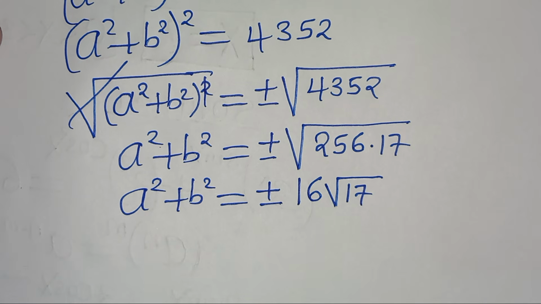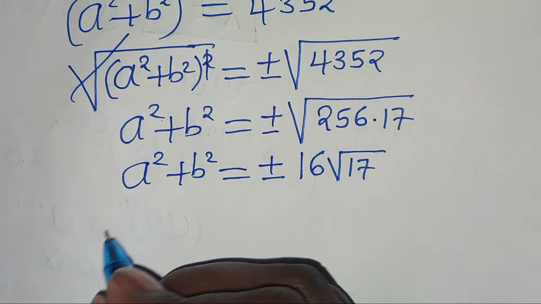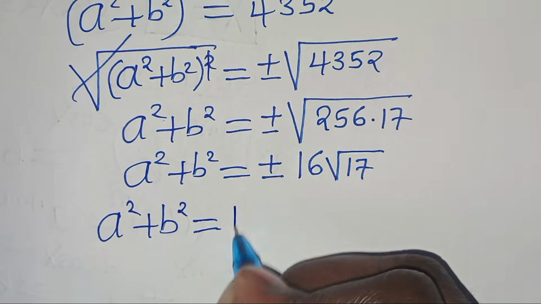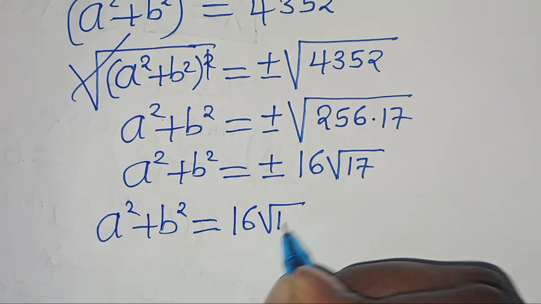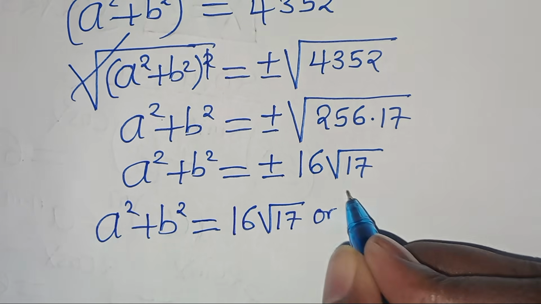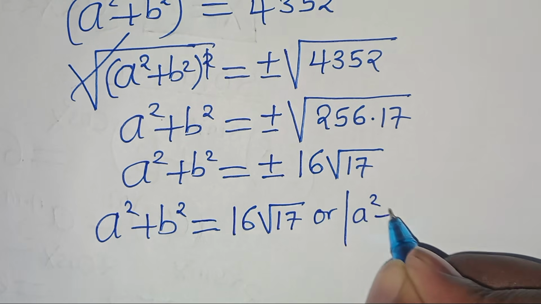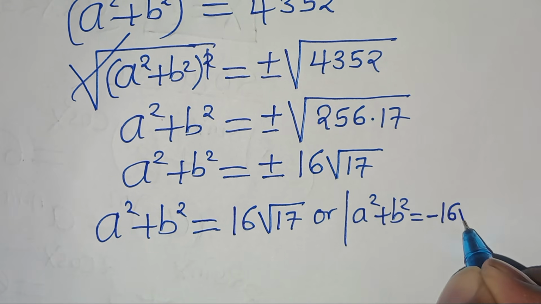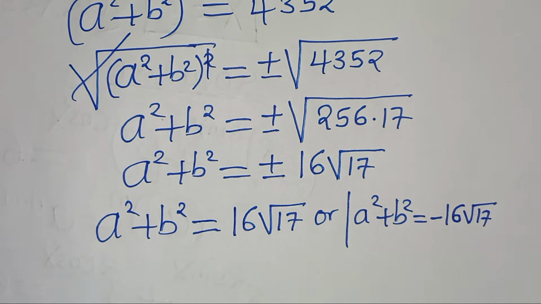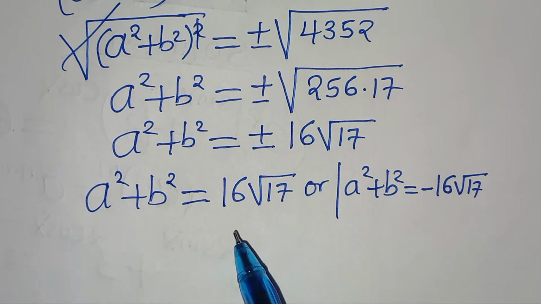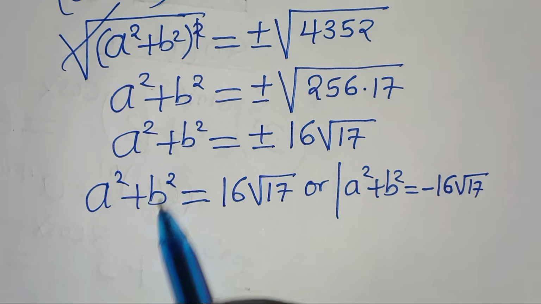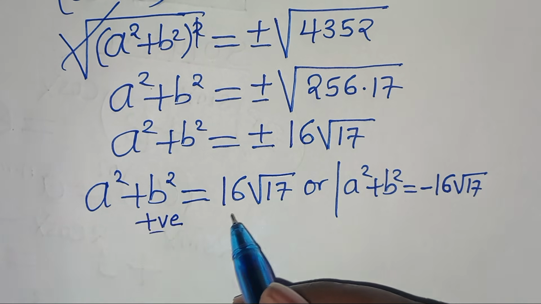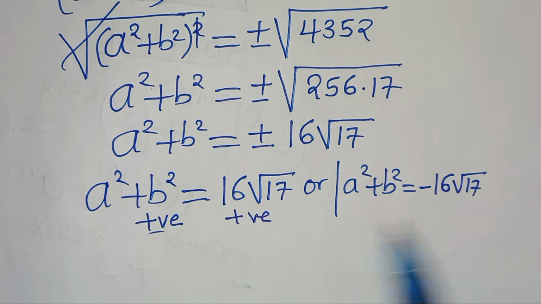So this implies that we have two values of a squared plus b squared. It is equal to 16 square root of 17, or a squared plus b squared is equal to negative 16 square root of 17. Now, a squared plus b squared is positive, so the first gives a positive value.